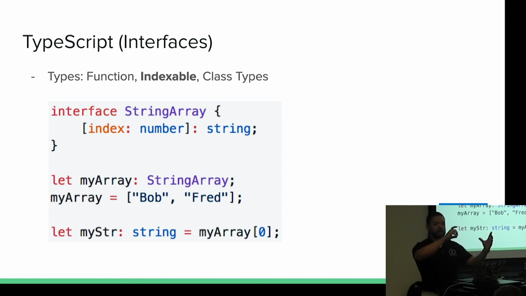So what it's saying is that every key that's in this object has to be a number, and every value in this has to be a string. And so my array here is of type string array, and it so happens that an array object satisfies that. The key to every index is a number. It's 0, 1, 2, 3. And the values in this case are string Bob, string Fred.